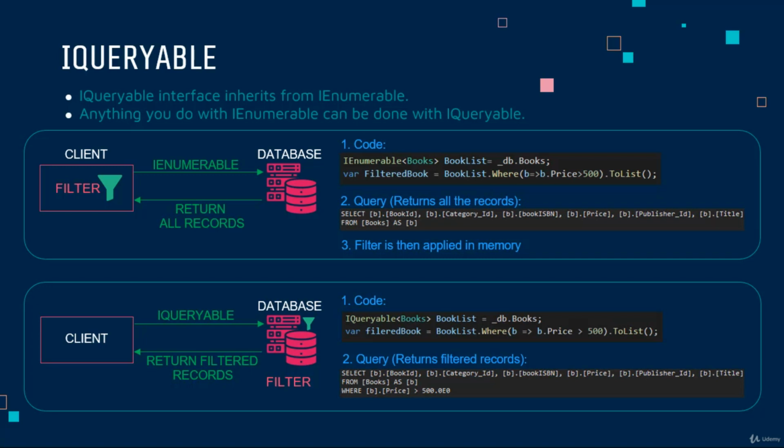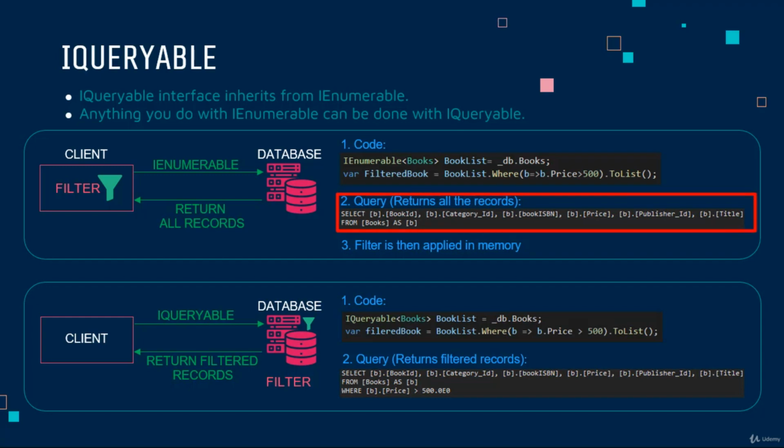Sometimes out of thousands of records, you just want 2 records. You do not want to retrieve all the 1000 records and then, using the server's memory, do all the calculations. You want to add a where clause in your query itself so that the record that is returned is filtered. That is the huge difference between IQueryable and IEnumerable.